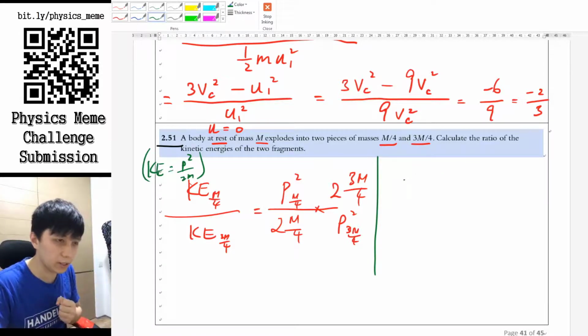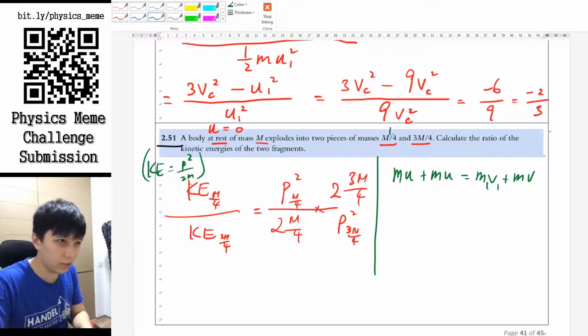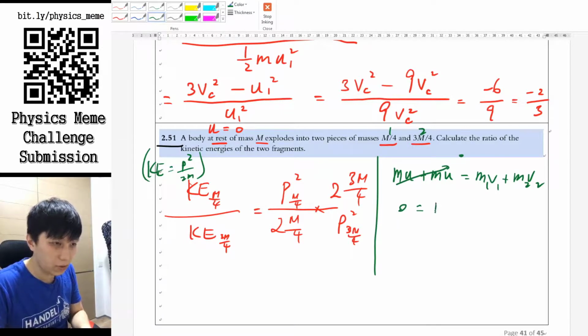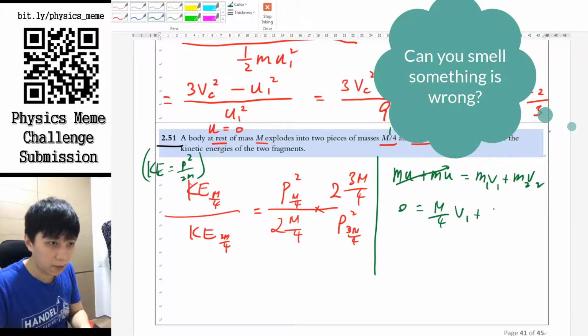That is to say, once again, you have mu, well actually it's just 0, right? So m v1 plus m v2, or let's just call it 1 and 2, 1 and 2 is just easy, I don't bother to write that many times. All right, and this is just 0. So 0 equals m over 4 v1 plus 3m over 4 v2.